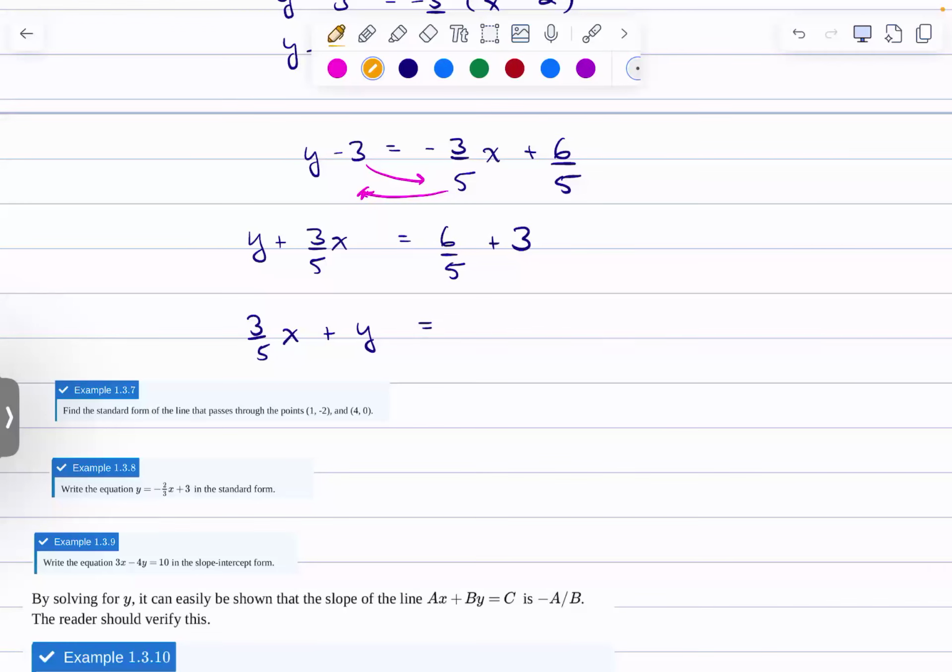And so here, we need a common denominator. Denominator is on the bottom, right? And so let's take it all the way back.